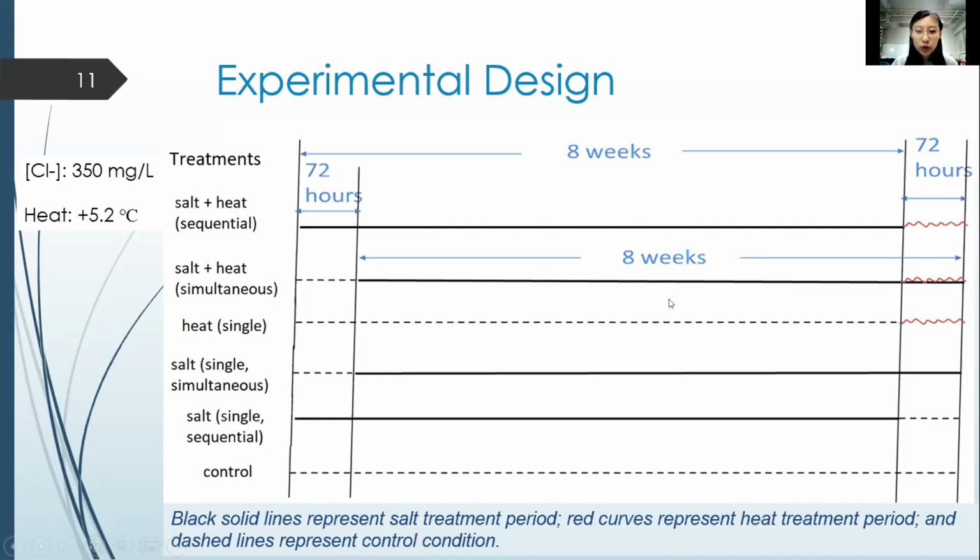We had a heat only treatment for both scenarios. We had a salt single treatment for the simultaneous scenario, and a salt single treatment for the sequential scenario, and we had a completely controlled group.